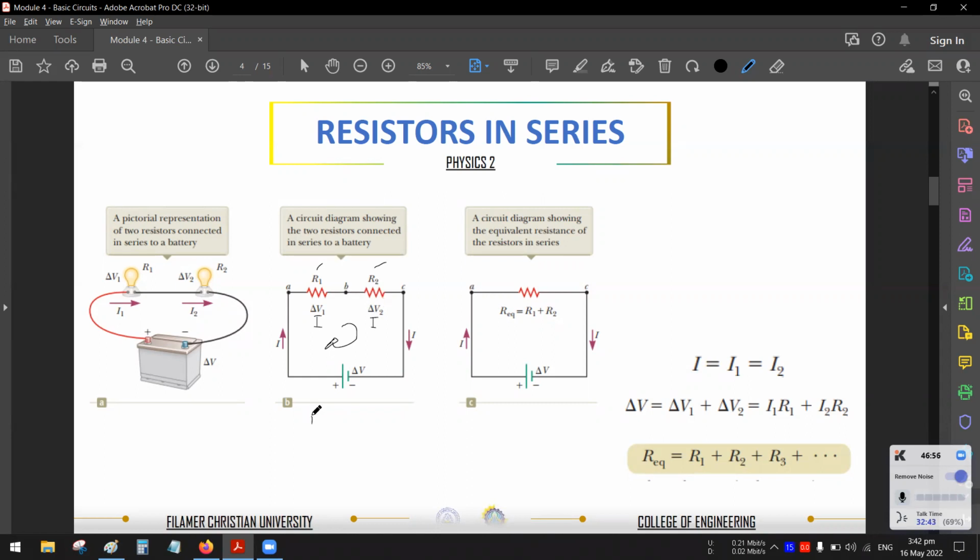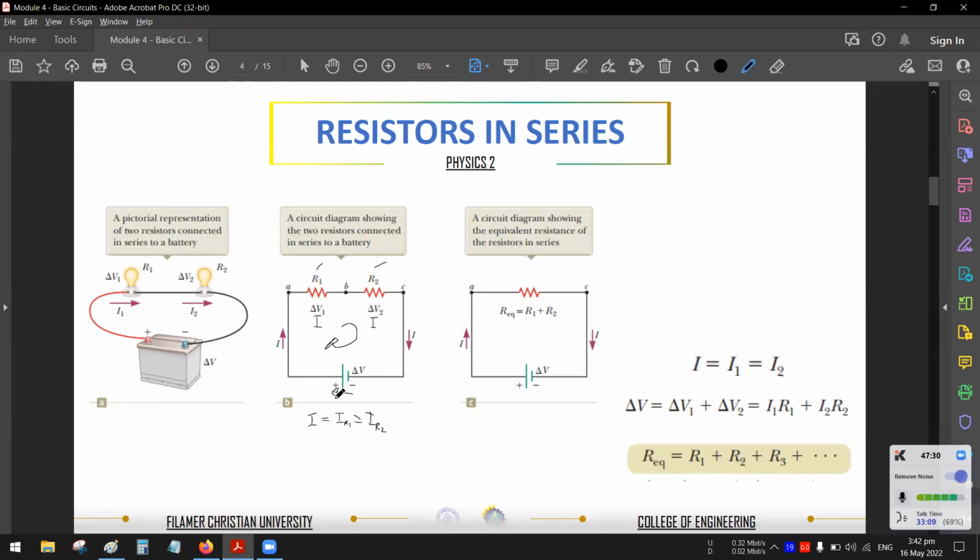So your total current I is just equal to the current in resistance 1, I sub R1, which is also equal to the current in resistance 2, I sub R2. Wherein your I comes from the battery, from negative to positive.